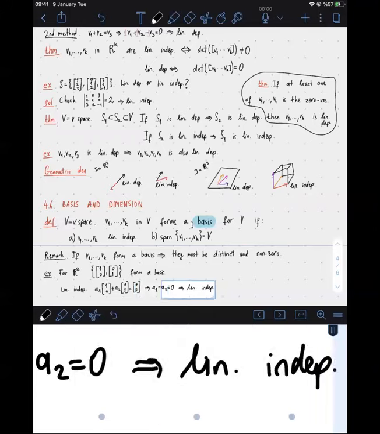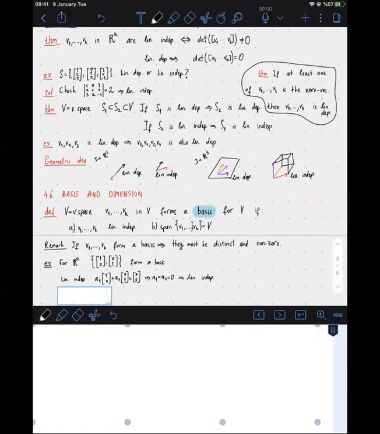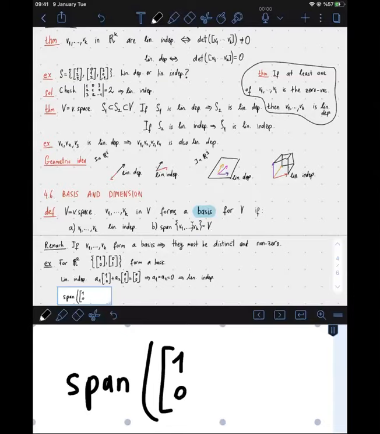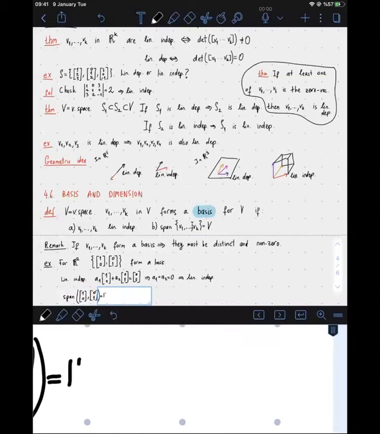And the second thing is these two vectors must span R2. So we should show the span of these two vectors is R2. What does this mean? This means there's a linear combination.